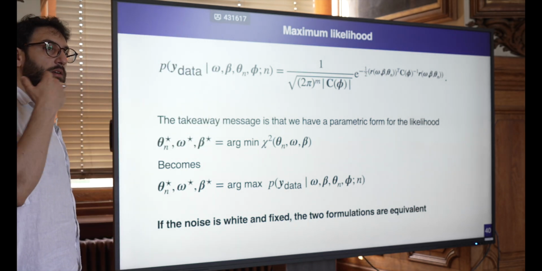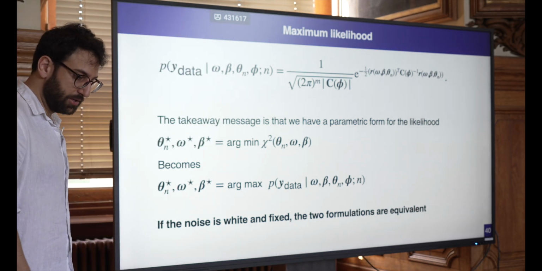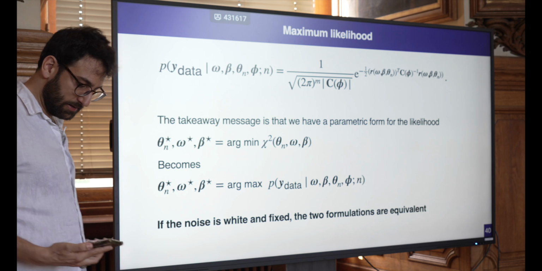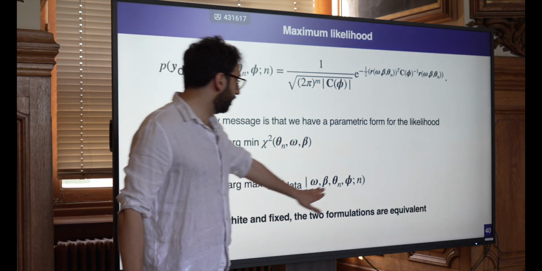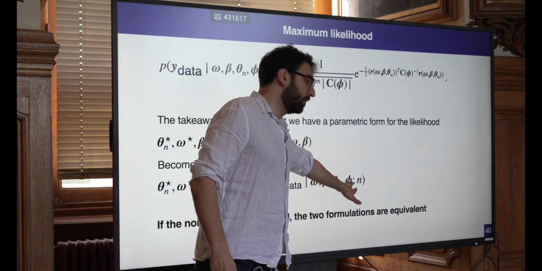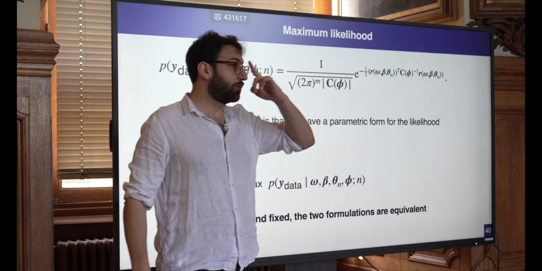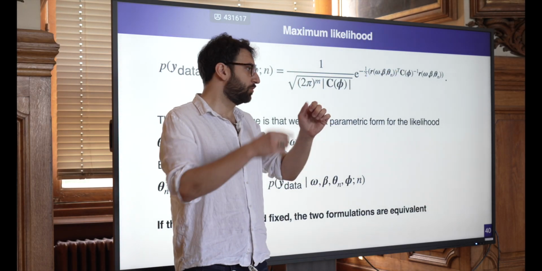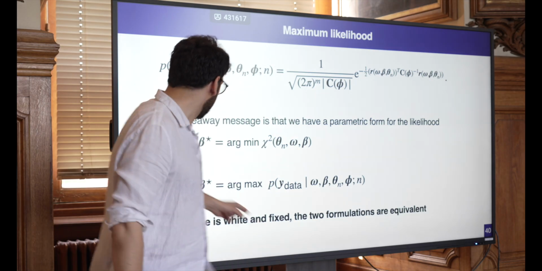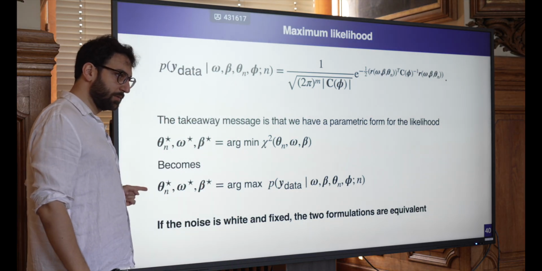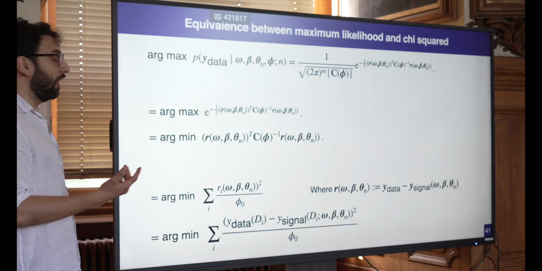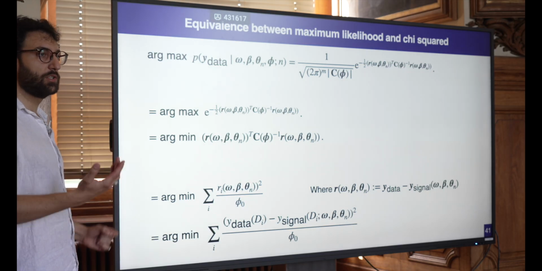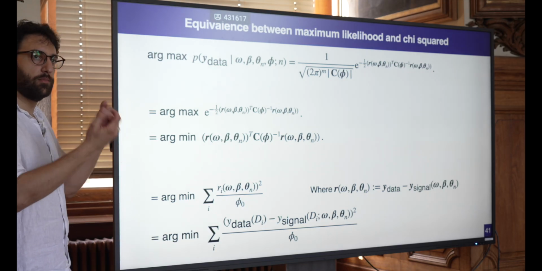And a simple calculation we can do is that if the noise is fixed, so if we say that this is fixed, and the autoregressive process is not an autoregressive process of order 2, it's just pure noise, these two formulations are equivalent. I thought it would be good to do this simple calculation because it helps manipulate the notions a little bit.